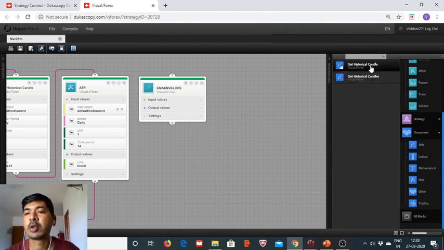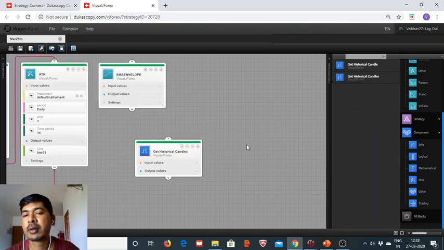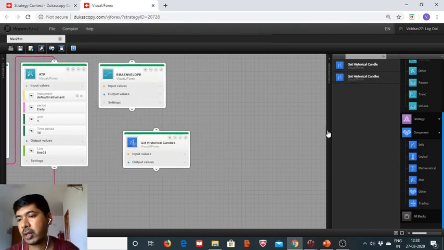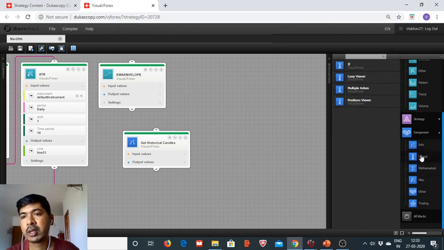So there is get historical candle only for one candle, and get historical candles, this is for multiple candles, and we will also need the loop viewer to see the data. We want the loop viewer. So I think here is the loop viewer.